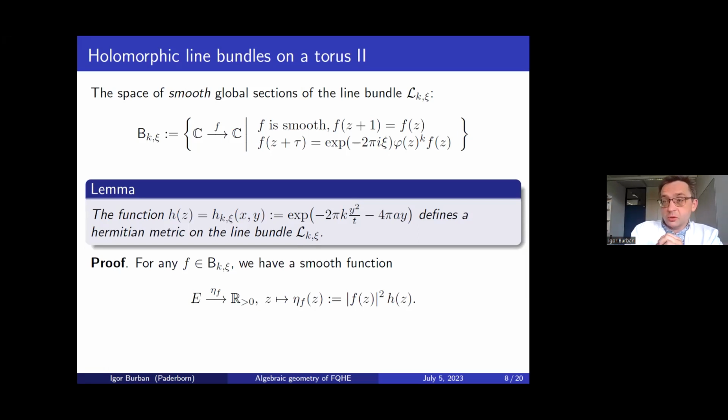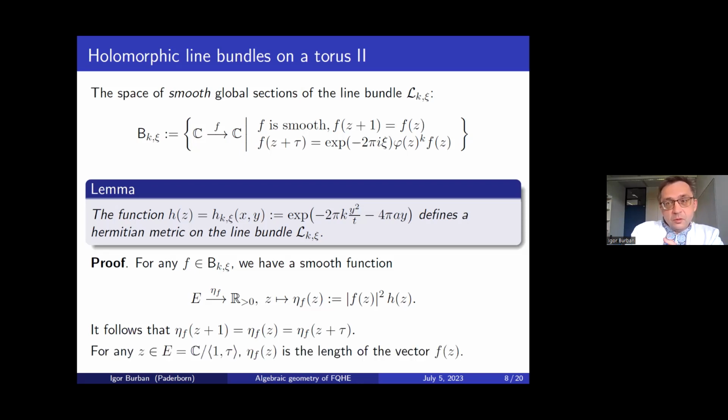To be a function on a torus, we have to make sure that it is periodic with respect to shifts by the lattice, and it is indeed the case. It means that for any local or global section, we can speak about lengths of sections at any point. This is what the choice of Hermitian metric on the line bundle actually means.